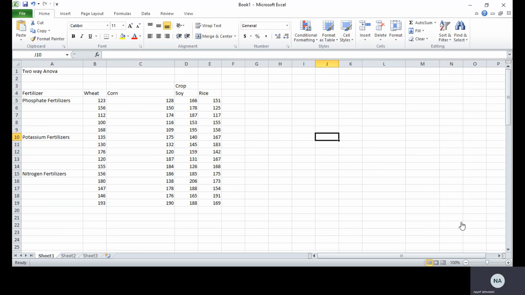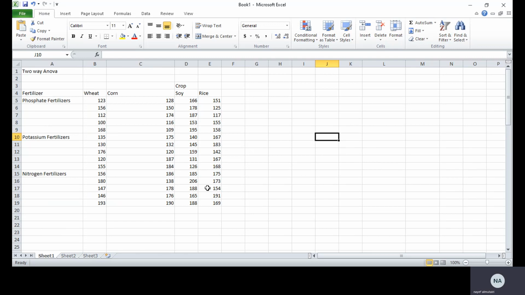Why? Remember the one-way ANOVA, we have one factor. Here, we have the fertilizer: phosphate fertilizer, potassium fertilizer, and nitrogen fertilizer. And we have wheat, corn, soy, and rice. And this is all the yields.